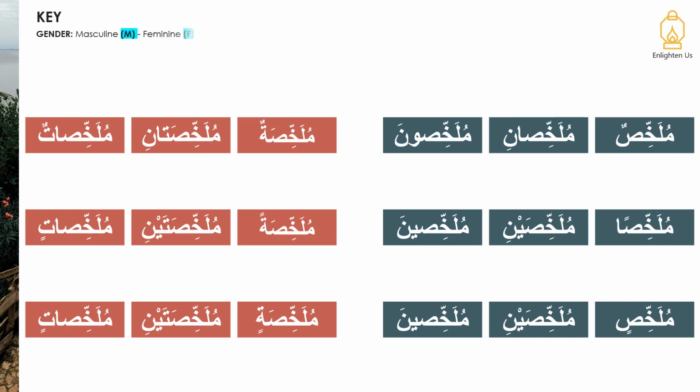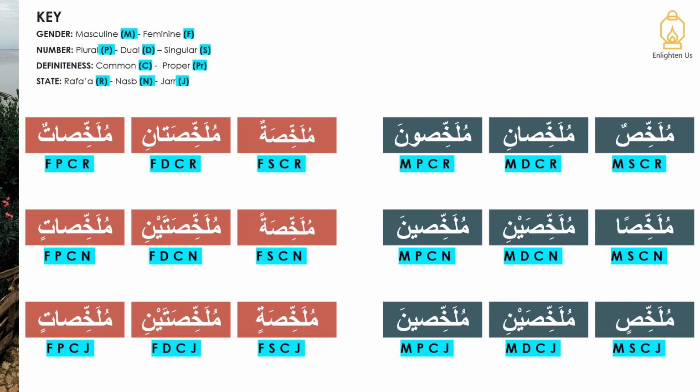And again, this expansion has come by providing the various versions of the word based on the characteristics. If you have a look, this is our masculine side, this is our feminine side. These words here are the singular, the dual, the plural. Similarly, these are the singular, the dual, the plural.